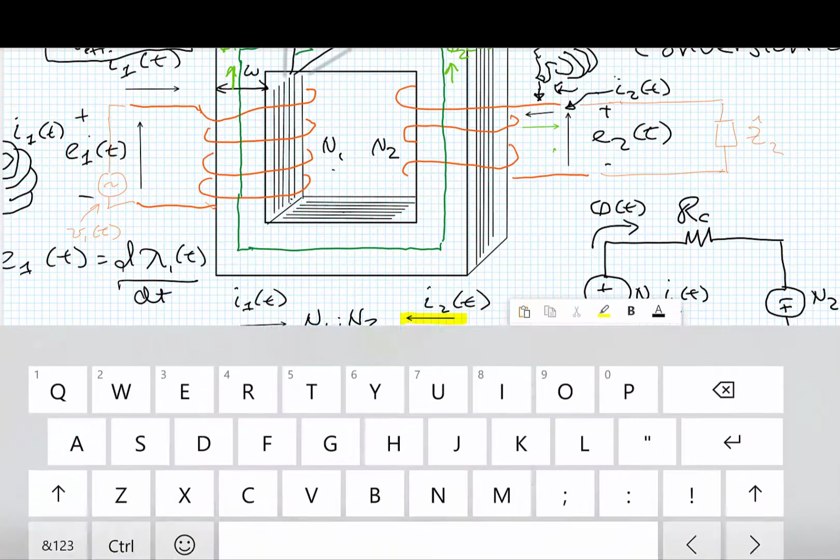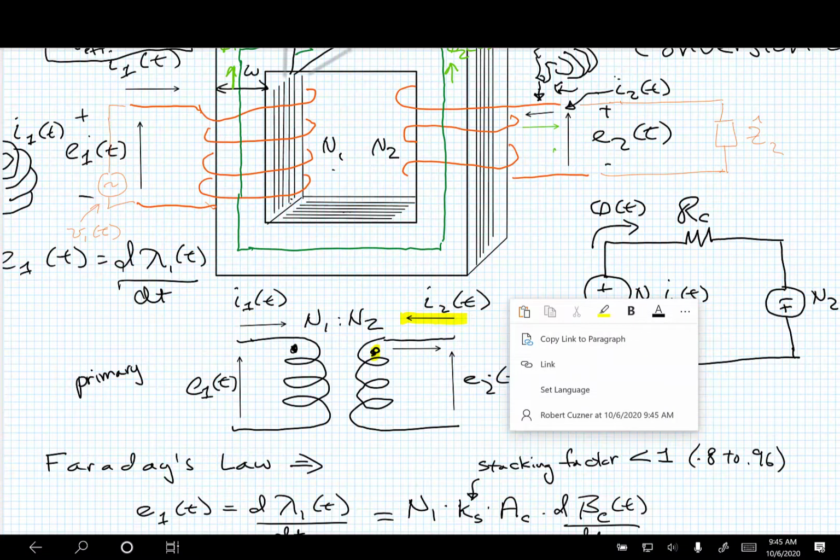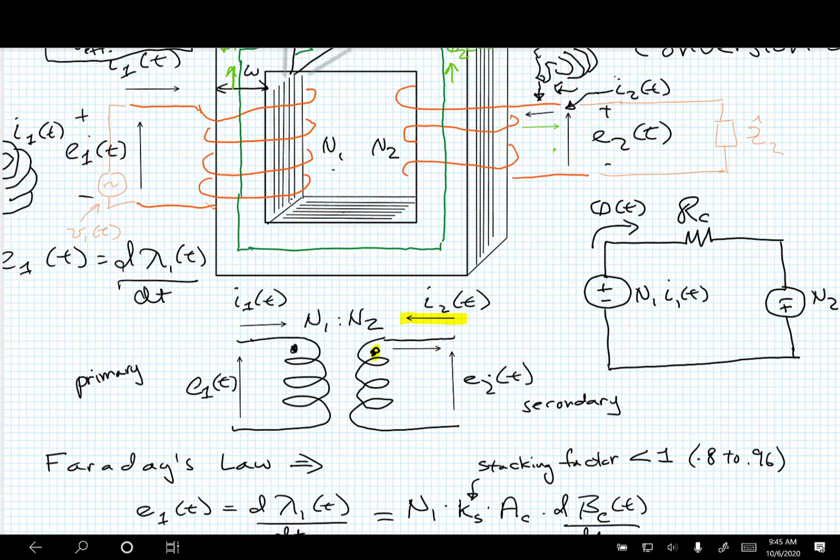It's just a convention. You can use these dots for understanding how you're winding coils around a core and representing it in the electrical circuit. So let's just come up with this convention right now for the transformer. The arrow goes into the dot on the primary, and the arrow goes out of the dot on the secondary. Does that make sense?